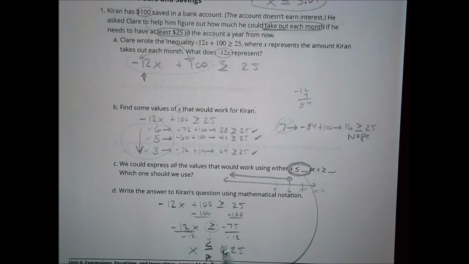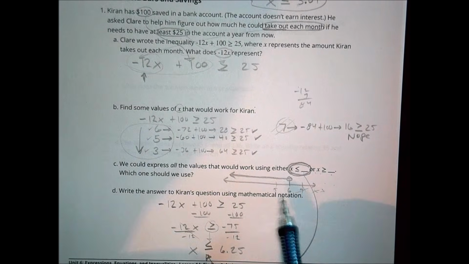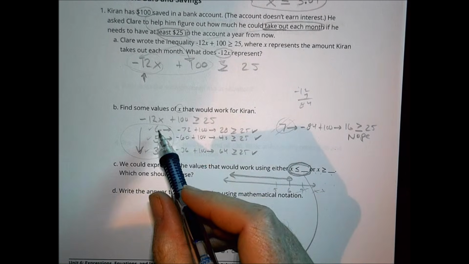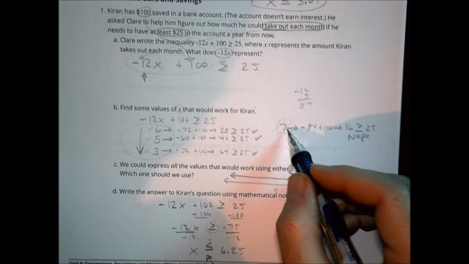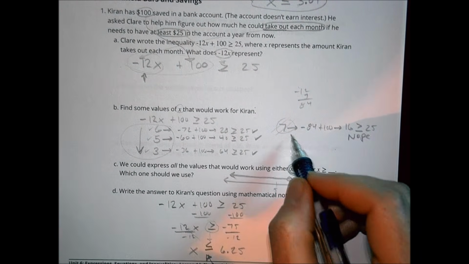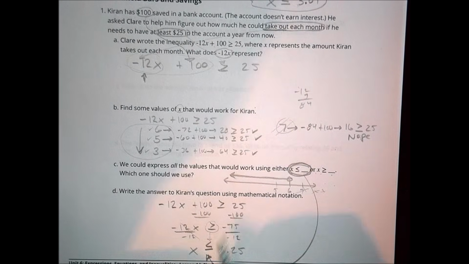And the reason for that, we'll talk about another time, but just using our rationale from before, we know that x has to be a value that is less than, we knew 6, now we know it's 6.25, or less than or equal to 6.25. If we kept this as greater than, it just isn't going to work out, is it? If it was greater than 6, then the number 7 would work, and we've already proven that it doesn't work. So the inequality sign has to be reversed there.